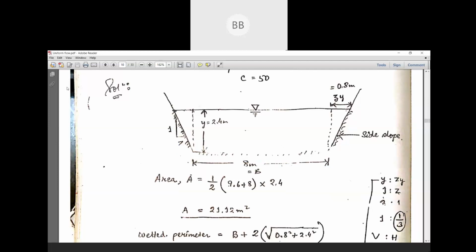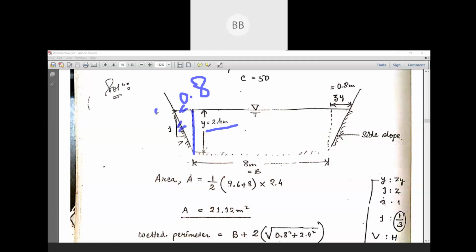So bottom width is known, but this side is not known to us. This we know is 0.8, we have calculated, and this we know 2.4 meter. We need to find out this portion.